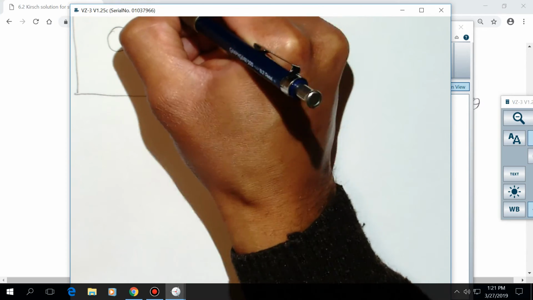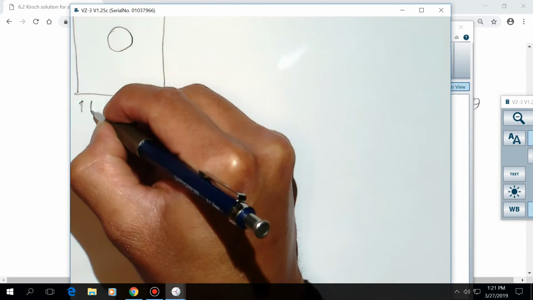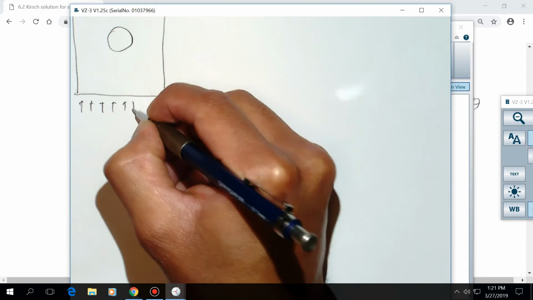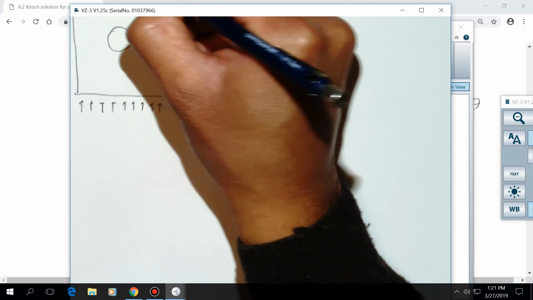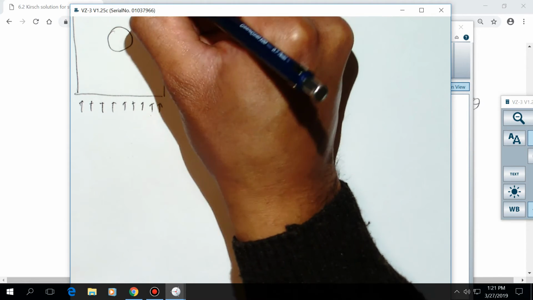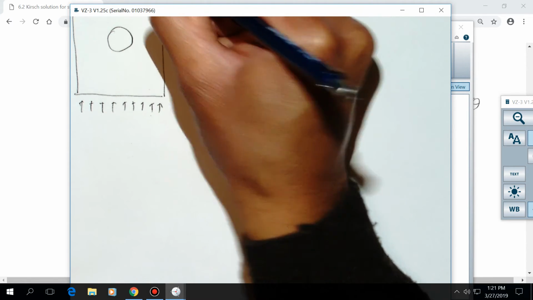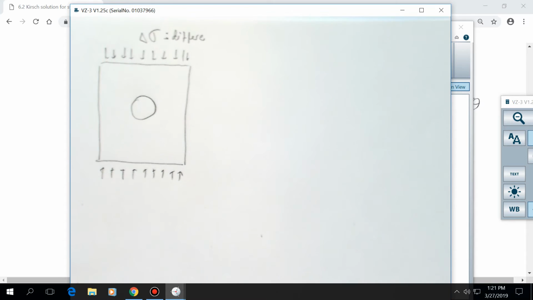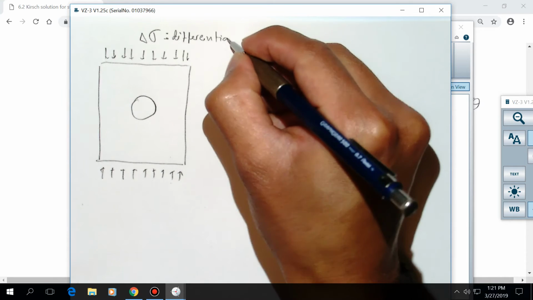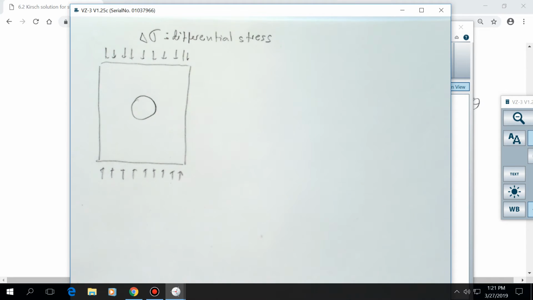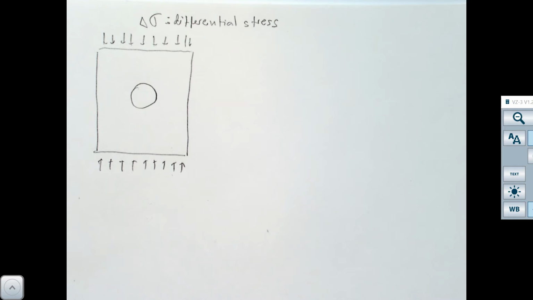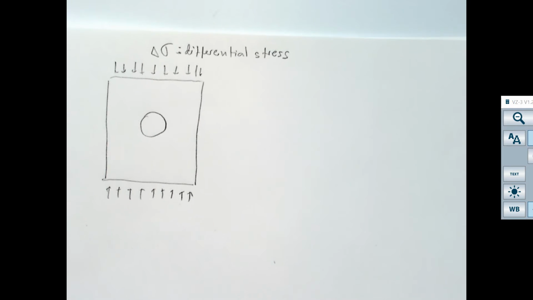And usually when you talk about differences in horizontal stress in the subsurface, that goes by something called differential stress. And we're going to see that that differential stress is also very important, not only for wellbore stability, but also for hydraulic fracturing.